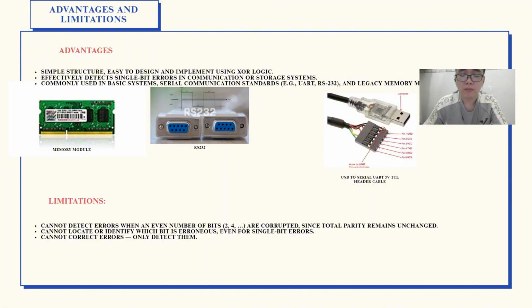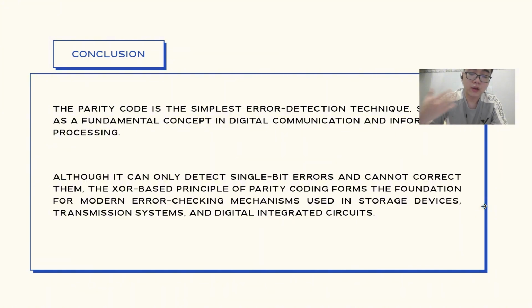This limitation motivates the development of more advanced coding methods such as Hamming codes and SEC-DED, single error correction, double error detection, which build upon the same foundation to achieve more robust error control. About the Hamming code, next we will talk about this. Okay, the conclusion about parity IP.